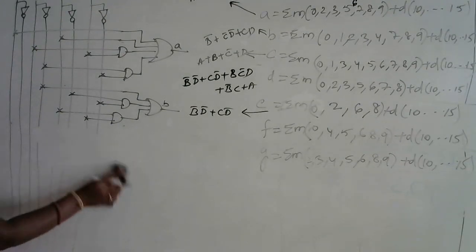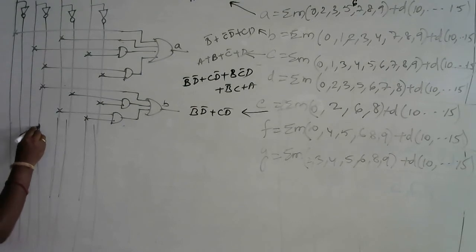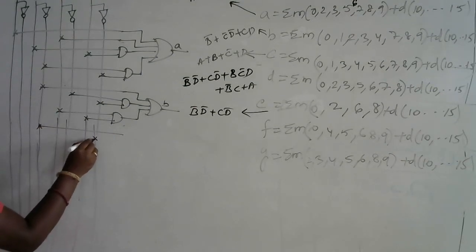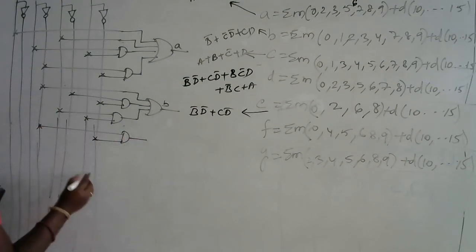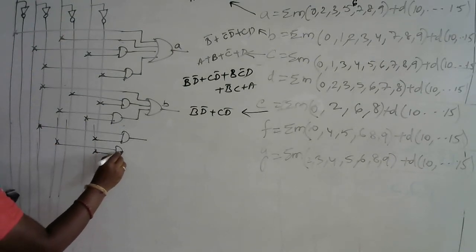That's it. And the next one is we have drawn till B. Sorry, for C. C is B bar D bar. This is B bar. This is D bar. AND gate. C D bar. This is C. This is D bar. Another AND gate.